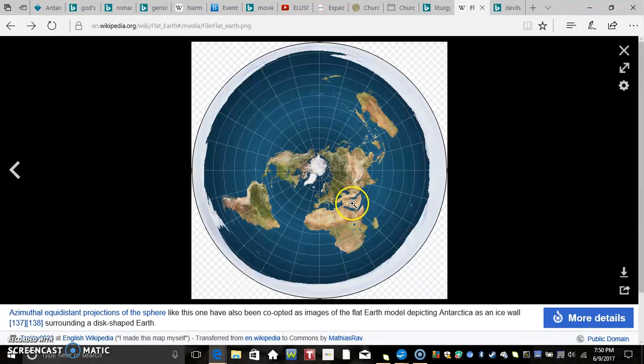The Sahara Desert right here, the Arabian Desert, and the Gobi Desert are all near 30 north. Near 30 south, we have the Great Australian Desert. And over here, I think it's called the Atacama Desert in Argentina and Chile. You also have the Great American Desert up here, near 30 north. So you get the picture that you have deserts near 30 north and south latitude.